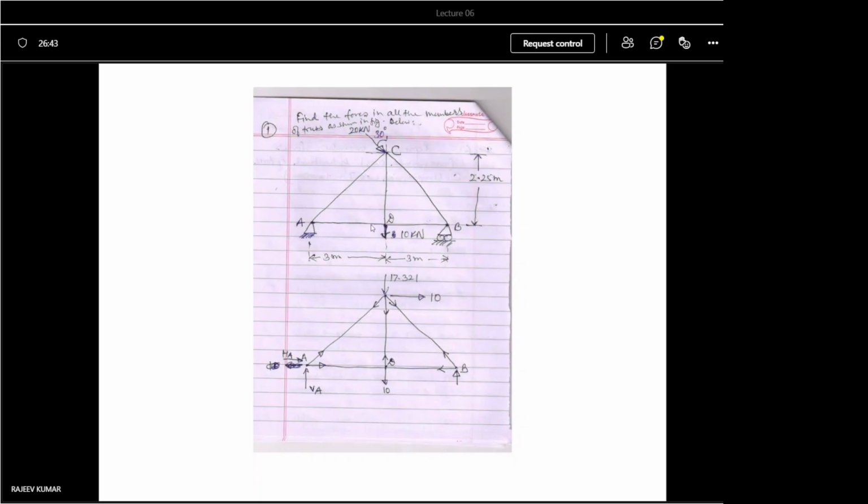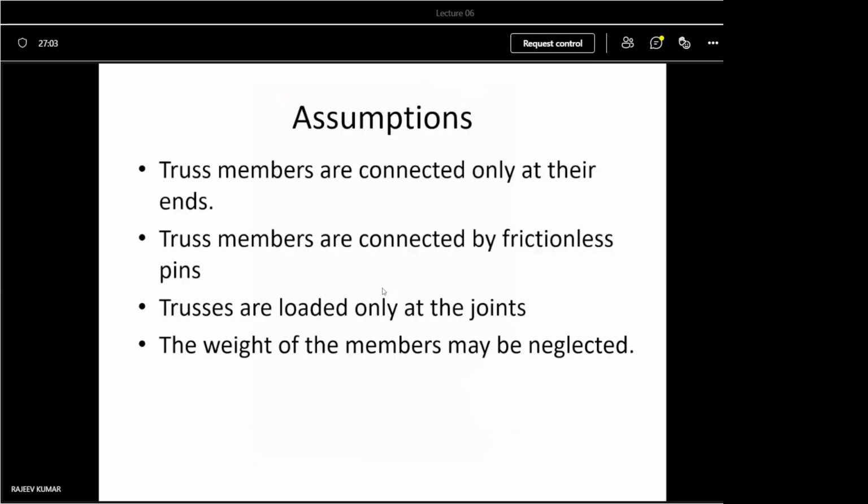Whatever the forces in the member are, suppose at point C, the CA force will be there. Okay. Is it clear to you? Yes, sir.